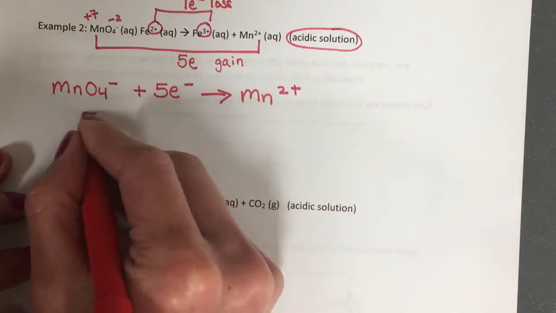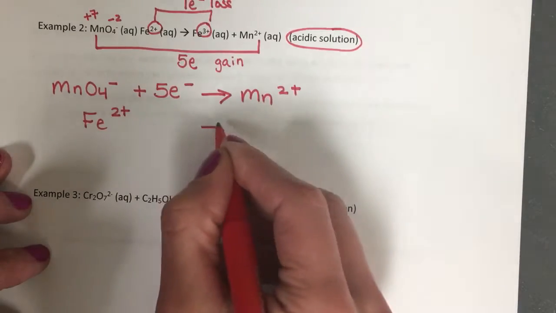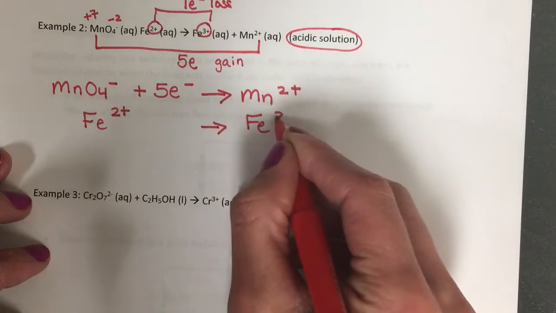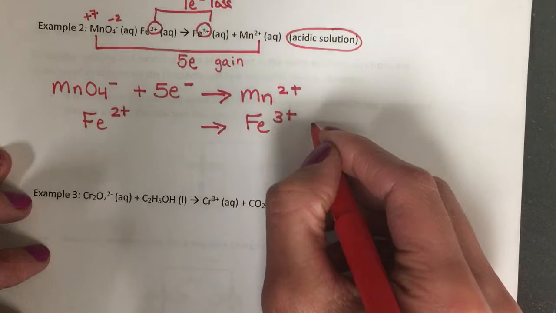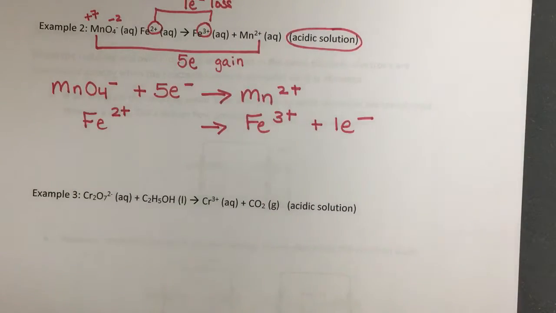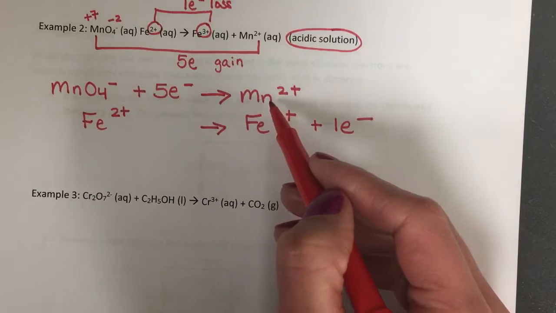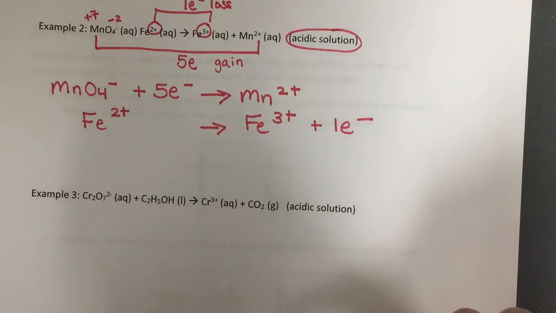Iron is starting as a 2+, it's becoming iron 3+, and it's losing 1 electron. Okay? Now when I look at this, I need to make sure everybody's balanced and everybody's happy that is not an oxygen or a hydrogen. 1 Mn, 1 Mn, that's good. 1 Fe, 1 Fe, that's good.